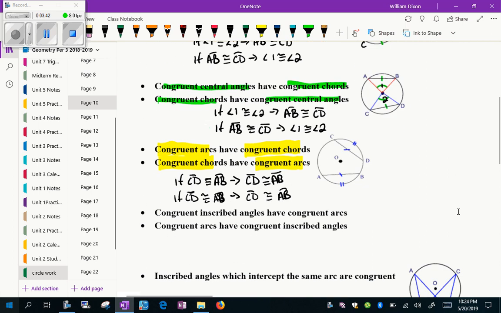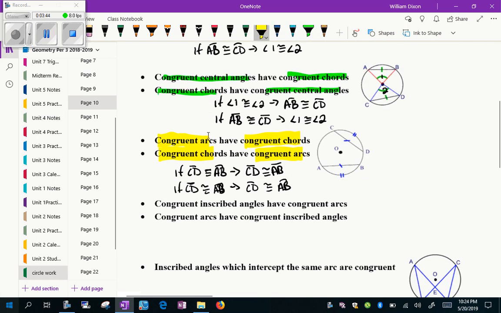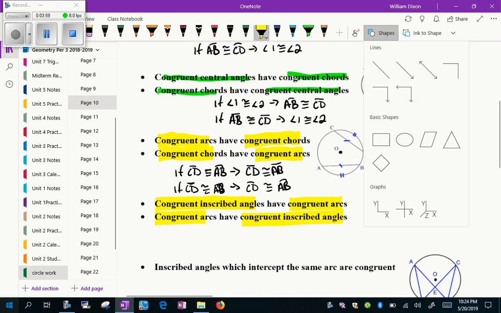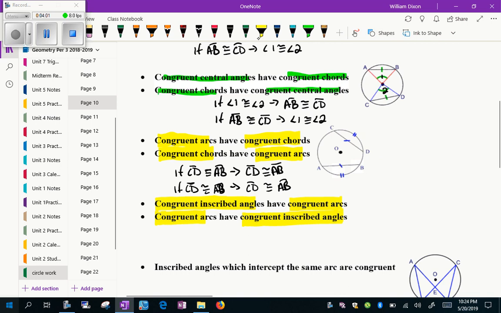All right. Next, we have congruent inscribed angles. Congruent inscribed angles have congruent arcs, and congruent arcs have congruent inscribed angles. Well, we don't have a picture here, so let's draw one.